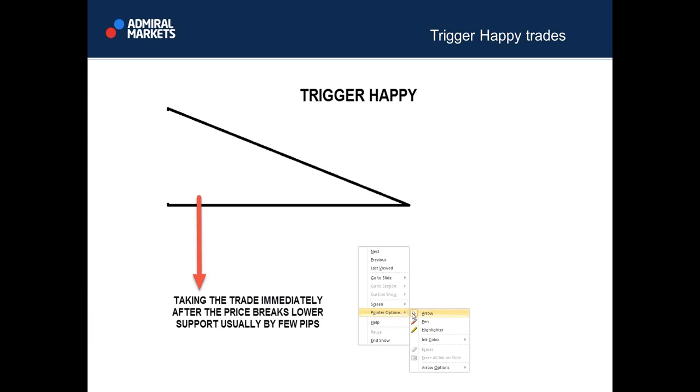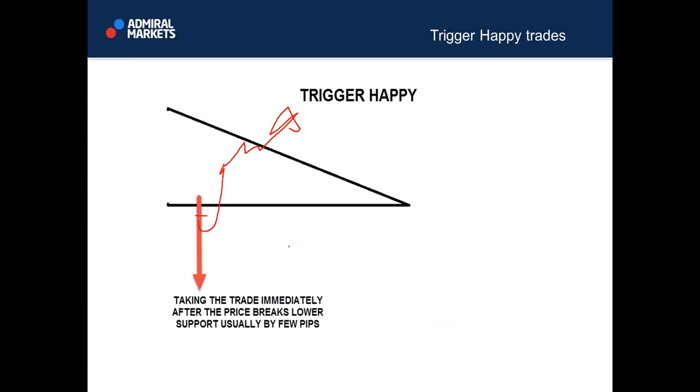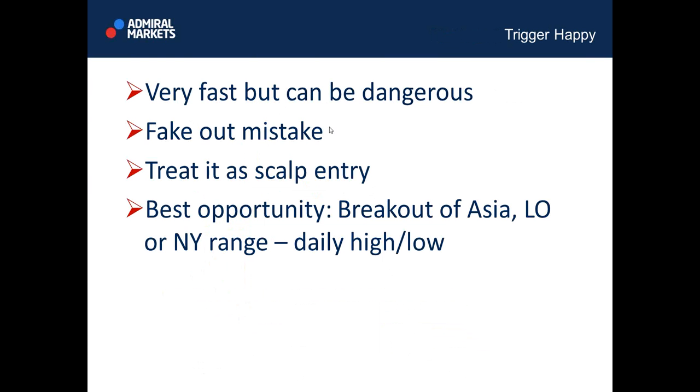You have basically sold into the very first break of the lower trend line, but then the price quickly went back and went upwards. That is called a fake out. So you need to treat trigger happy trades as scalp entries. Okay? Those are scalp entries. Those are not intraday position trades. So treat them as scalp trades, guys, not intraday positioning.